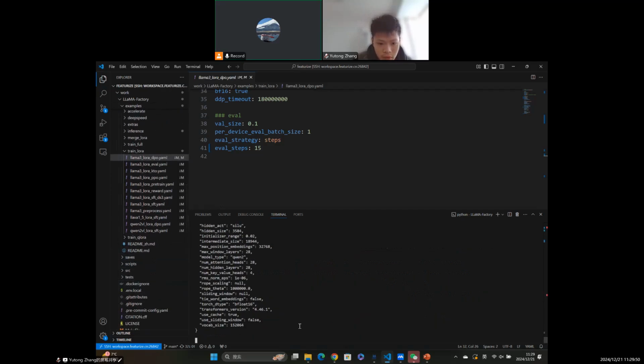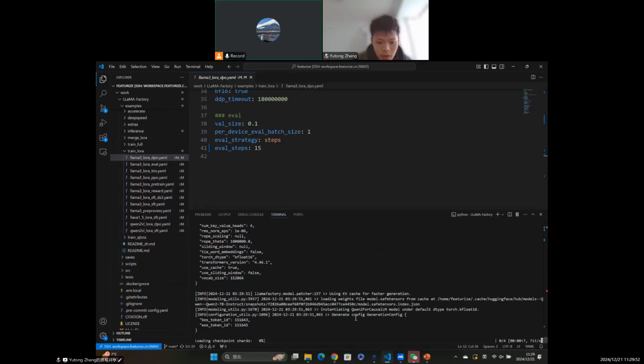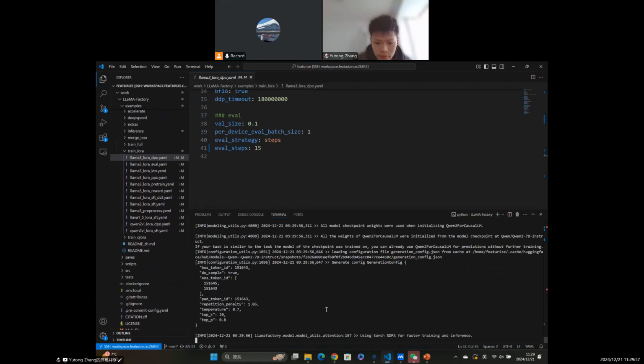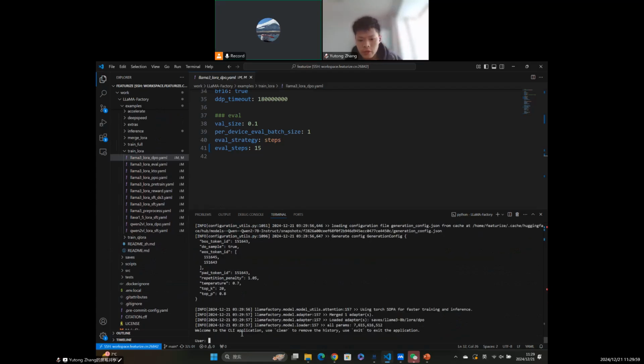It's loading the model. And we have an adapter which I trained previously. Ask how to cure parasites.